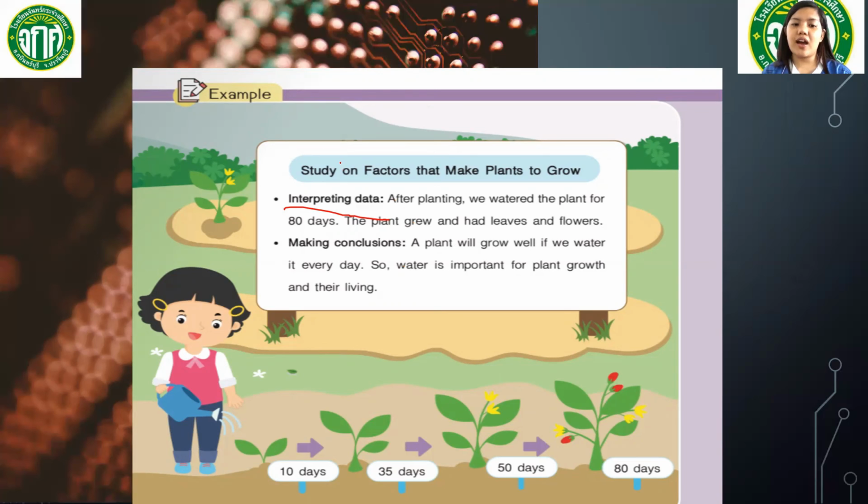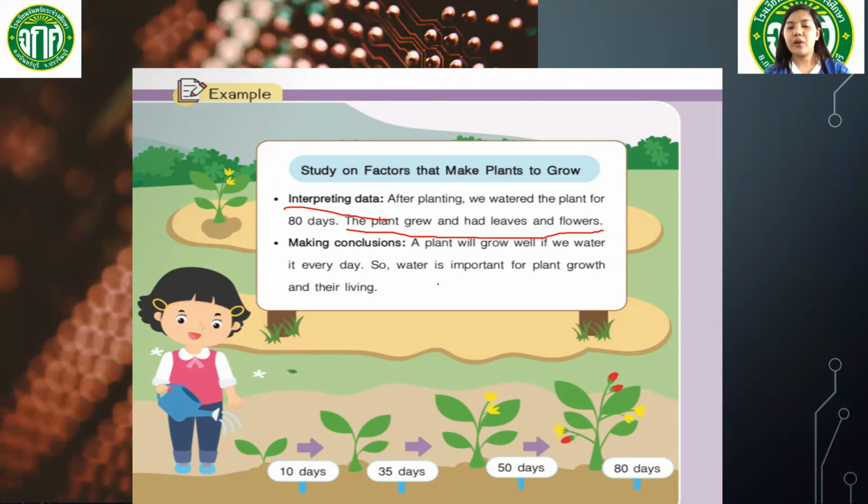Since we interpreted the data as: after planting, you watered the plant for 80 days, the plant grew and had leaves and flowers, we make a conclusion that a plant will grow well if we water it every day.